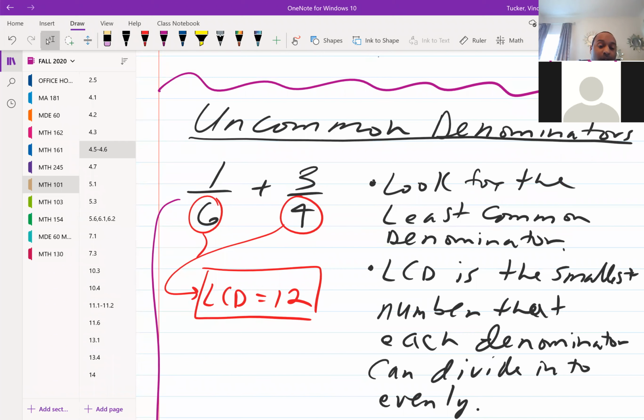But that's not the least common denominator. That's the least common factor. We're talking about what's the smallest number that both of those numbers can divide into, not what can divide into them. So the smallest number that both 6 and 4 can divide into would be 12. That would be your least common denominator. All right, that's the smallest number that both 6 and 4 can divide into evenly.